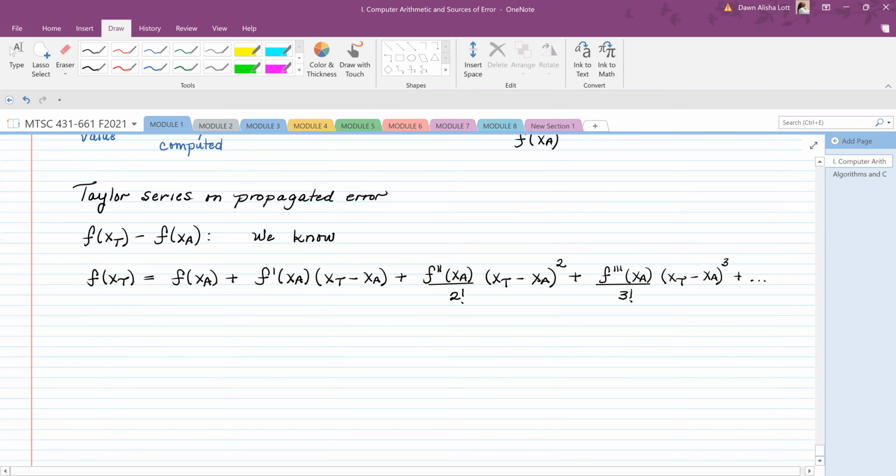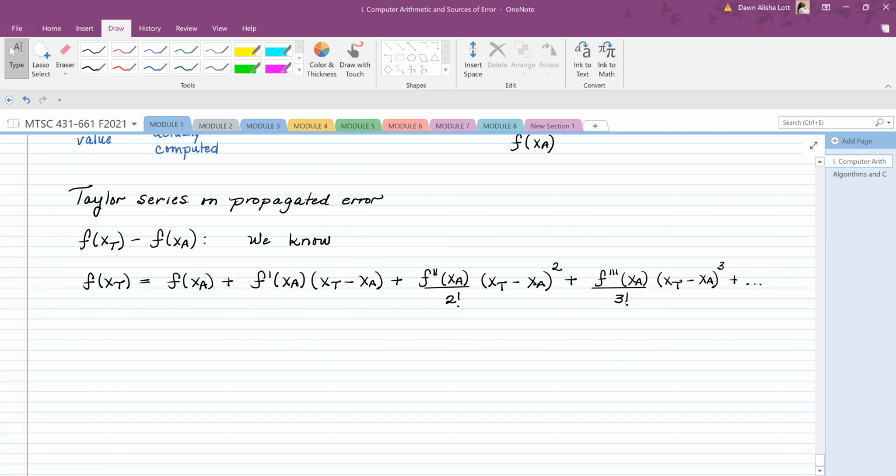Okay. So then that says to me, really a lot of our problem is going to determine whether or not x approximated is close to x true. So this here assumes, let me call this star. So star assumes that x true and x approximate are close.